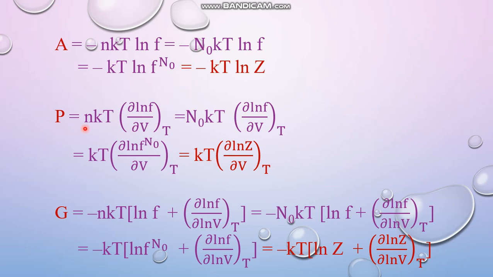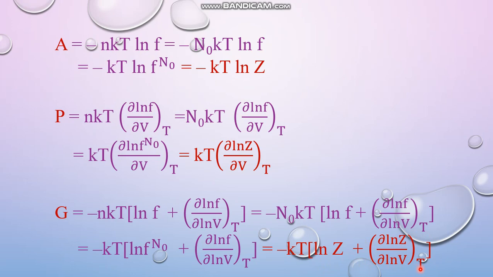The expression of P is N k T del ln f by del V at constant T. The final expression is k T del ln Z by del V at constant T. And the expression of G is N k T minus N k T within bracket ln f plus del ln f by del ln V at constant T. The final expression is minus k T within bracket ln Z plus del ln Z by del ln V at constant T.